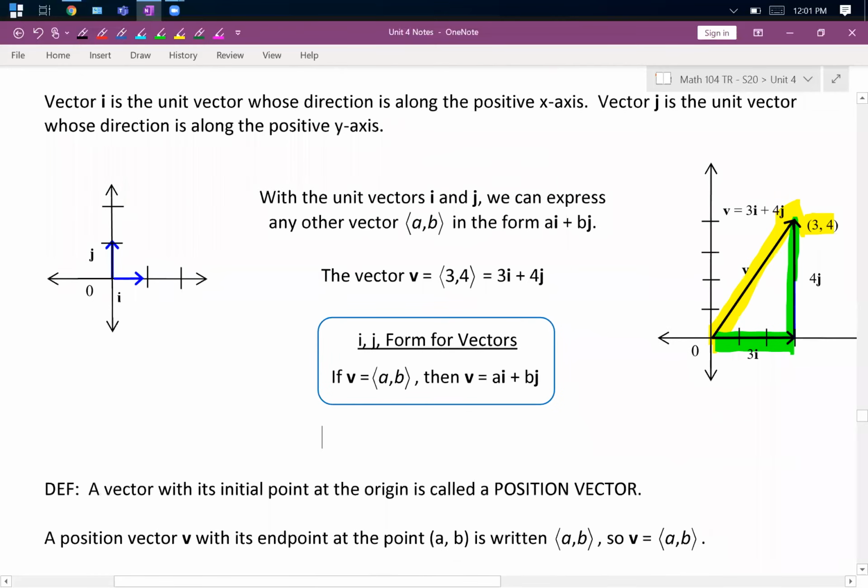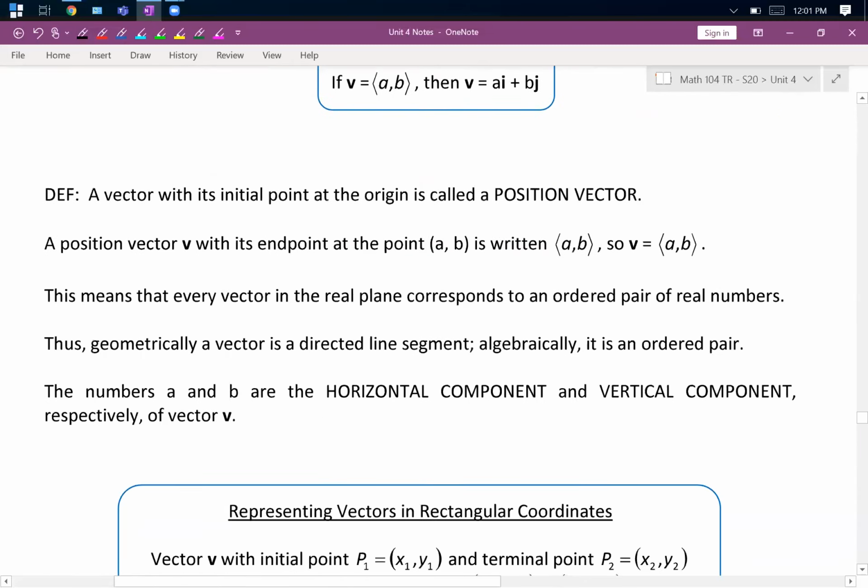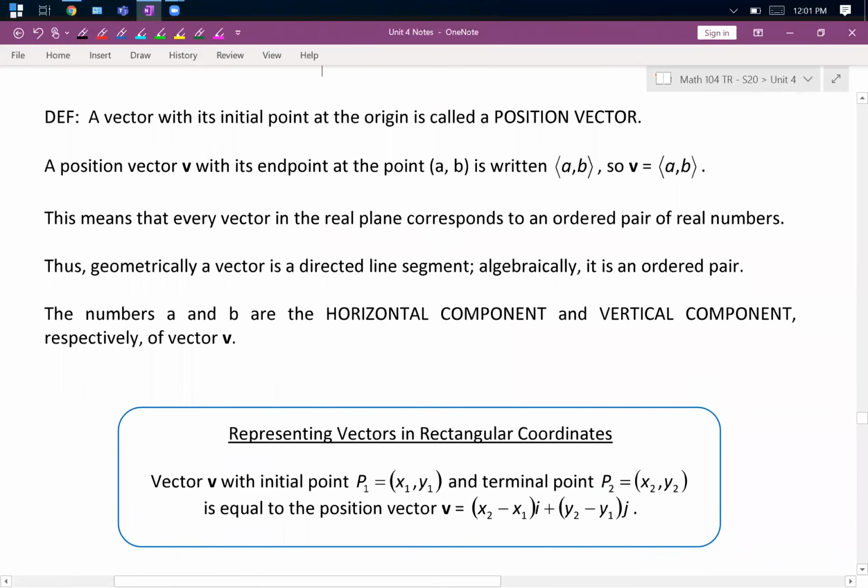Questions so far? A vector with its initial point at the origin is called a position vector. A position vector v with its endpoint at (a, b) is written with those angle brackets, <a, b>. So our vector v is equal to <a, b>.